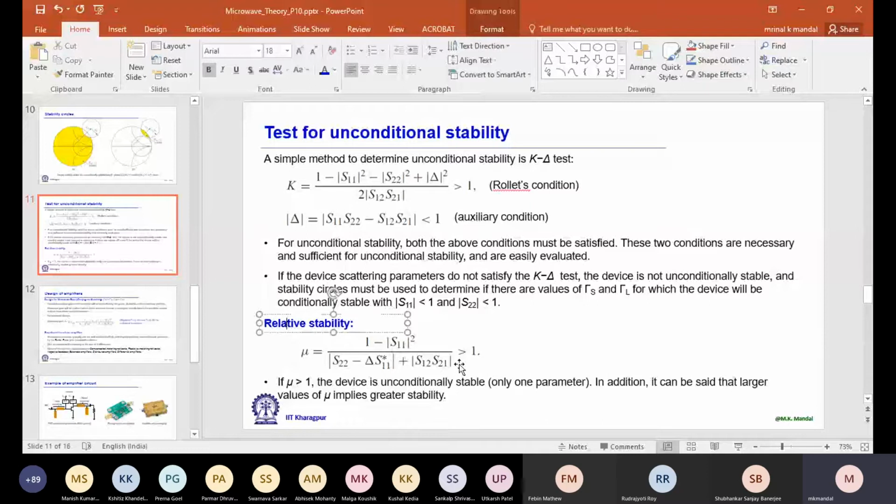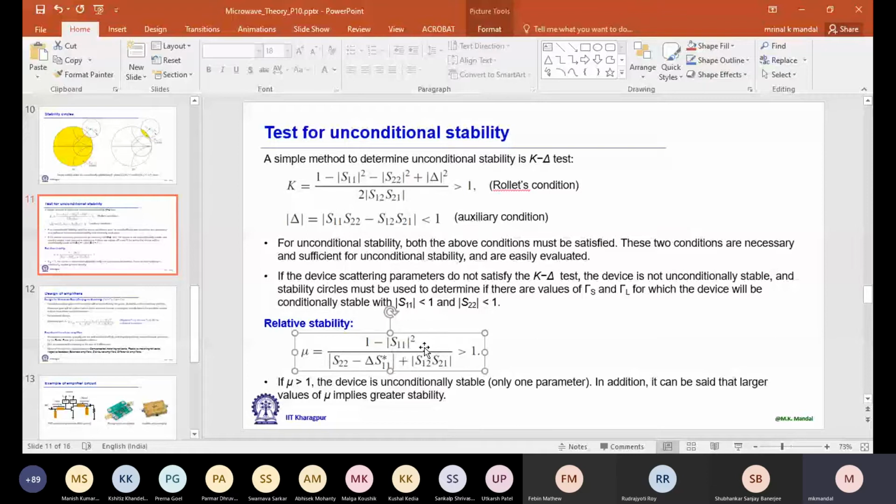So mu is given by this expression, where capital delta remains the same as before. Mu must be more than 1; then the device is unconditionally stable. So for this scenario, we don't have to calculate two parameters like the previous one. Only one parameter is sufficient.